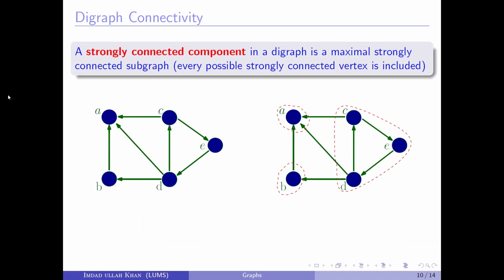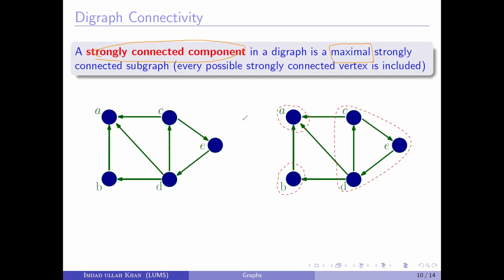Now, something similar to what we talked about in terms of undirected graphs. In a digraph, we say that a strongly connected component of a graph is a maximally strongly connected subgraph. So what is a strongly connected subgraph?